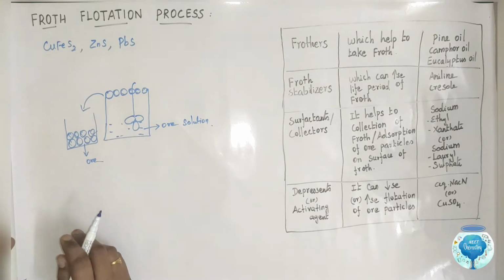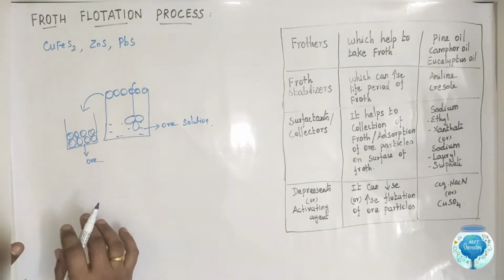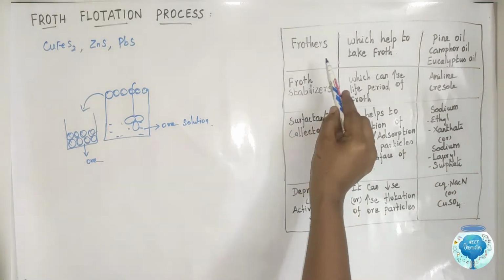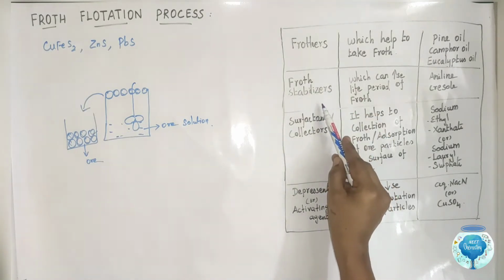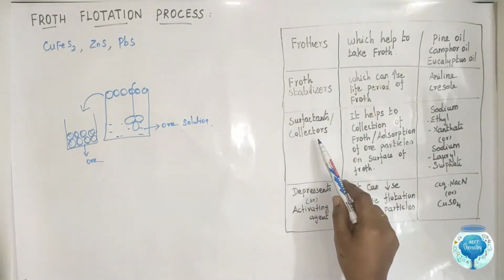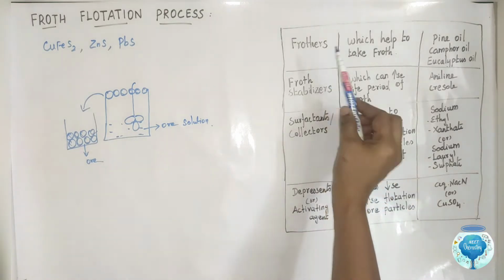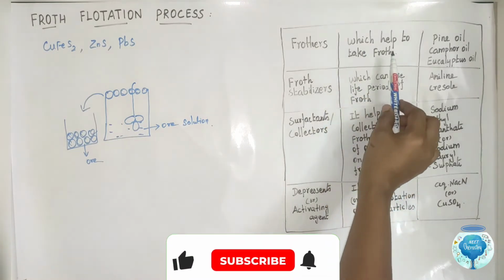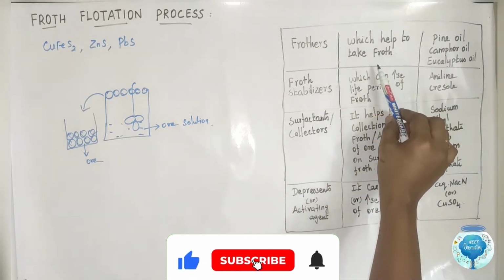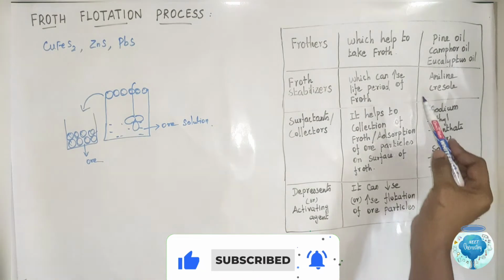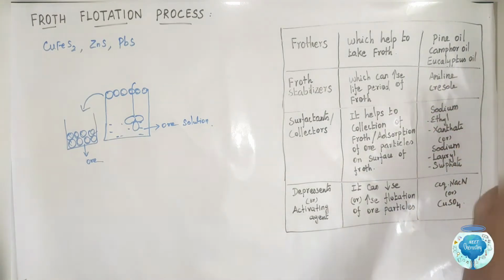This process takes place with the help of some additives. First one is frothers, second is froth stabilizers, third is surfactants or collectors, fourth is depressants or activating agents. Frothers help to form froth. Examples: pine oil, camphor oil, eucalyptus oil.